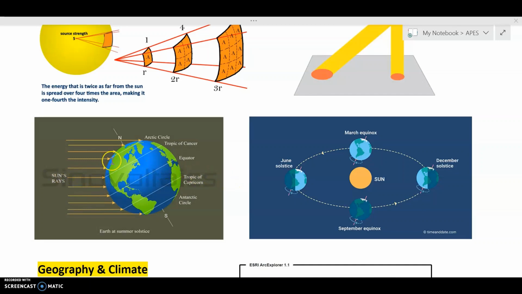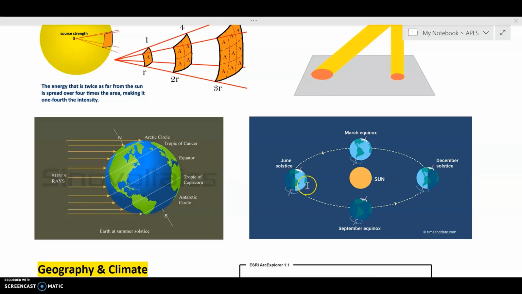When I say that, I mean that the sun constantly projects light onto the Earth, but depending on the year, because of the tilt of Earth's axis, different parts of the Earth are going to be receiving more sunlight than they would at different parts of the year.